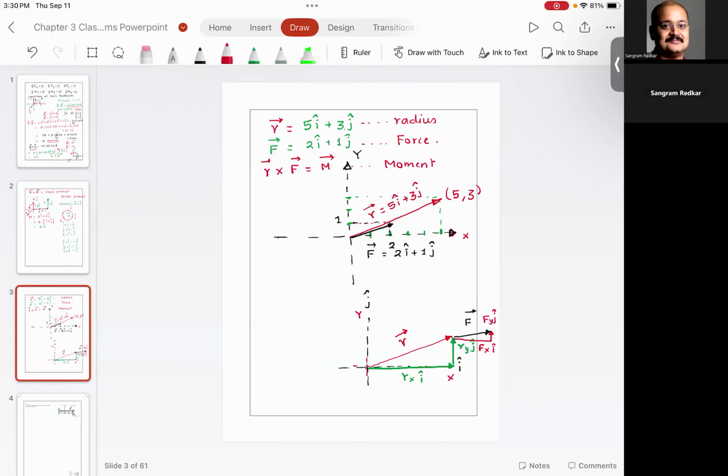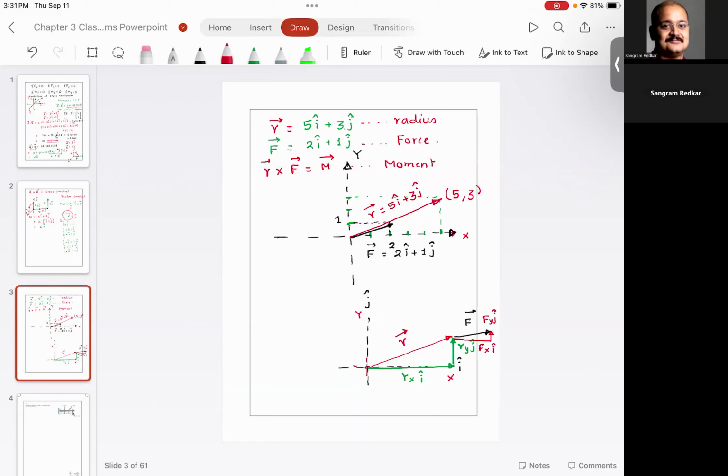Now the advantage of doing this is, please note, this radius is perpendicular to this force. Can you see? Rxi is perpendicular to Fyj, which means I can write down the expression for the moment given by Fyj as Rx times Fy. I need to draw this further.